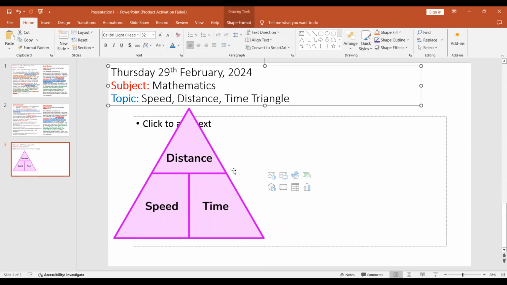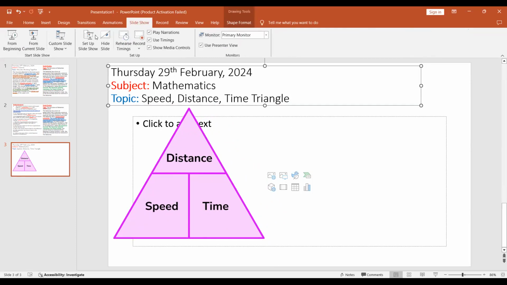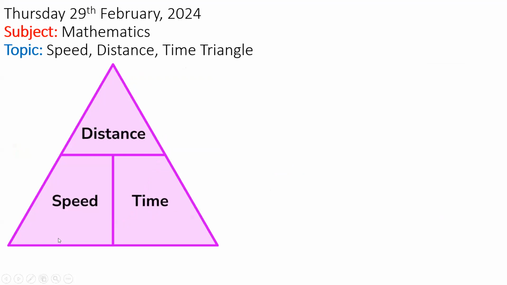Based on this triangle, what is the formula for average speed? Distance over time. Very good. That's the formula for average speed.